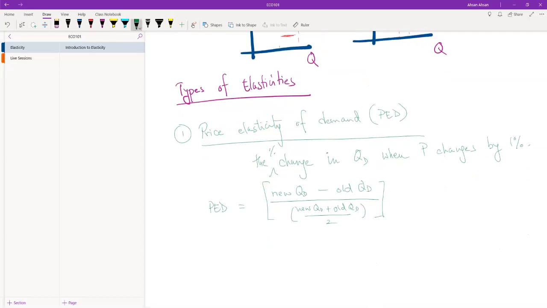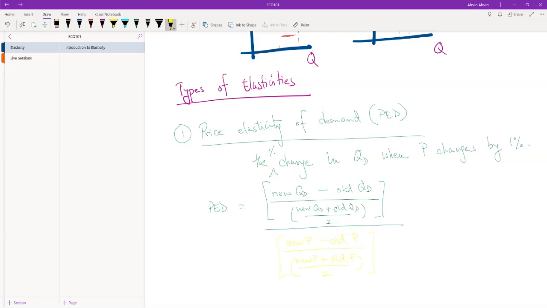And we're going to divide this whole thing by, let me use another ink, new price minus old price divided by new price plus old price divided by 2. This whole thing.